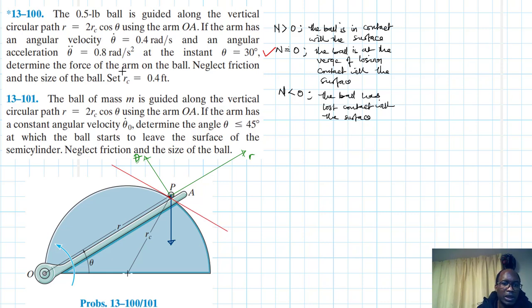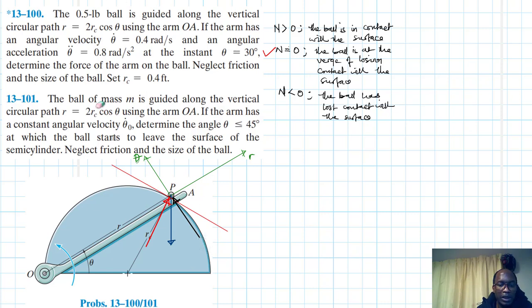So we expect our normal force to be something like that, and then we also have a force at this point from this particular arm, like so.